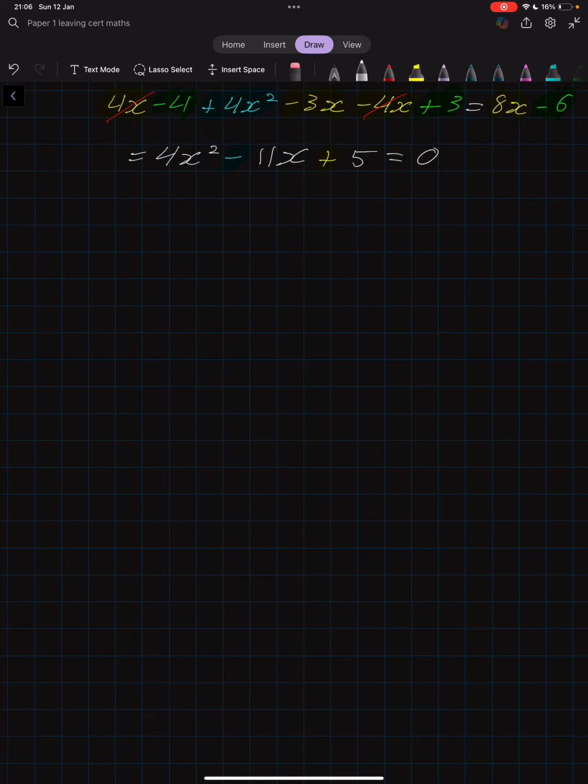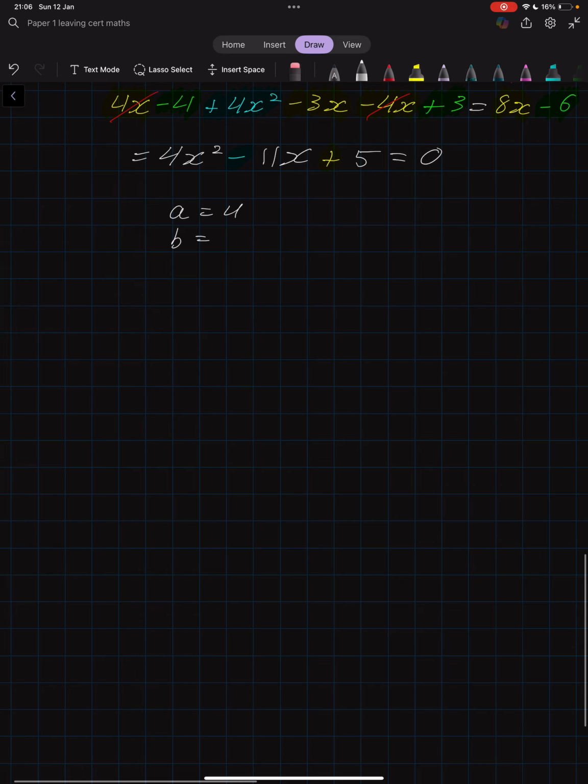So A equals 4, B equals minus 11, and C equals 5. Okay? So if you use the minus b formula, I get x equals minus b, so minus 11, plus or minus the square root of b squared, which is minus 11 squared, minus 4 multiplied by a, which is 4, multiplied by c, which is 5, all divided by 2 multiplied by a, which is 4.